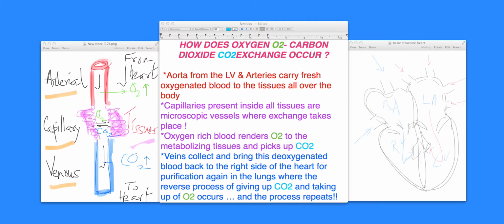Okay, so arteries are blood vessels which carry blood away from the heart, and they have stronger walls, and obviously the blood is a little more pulsatile in its flow because it's coming from the heart, so therefore they have to be stronger.